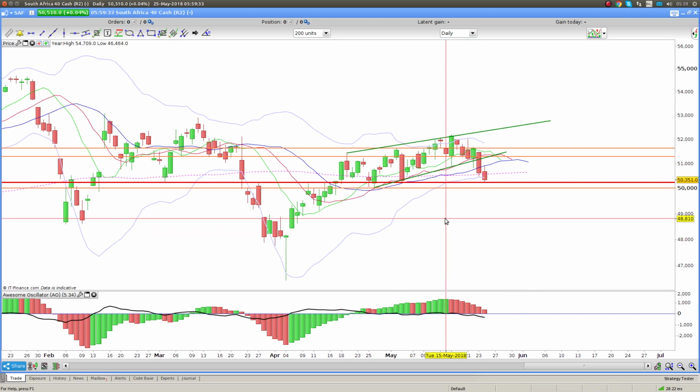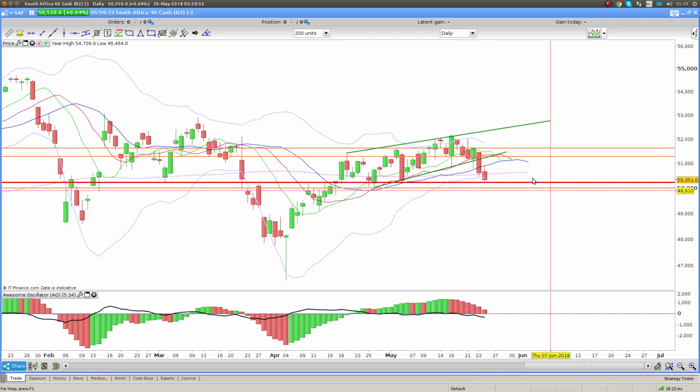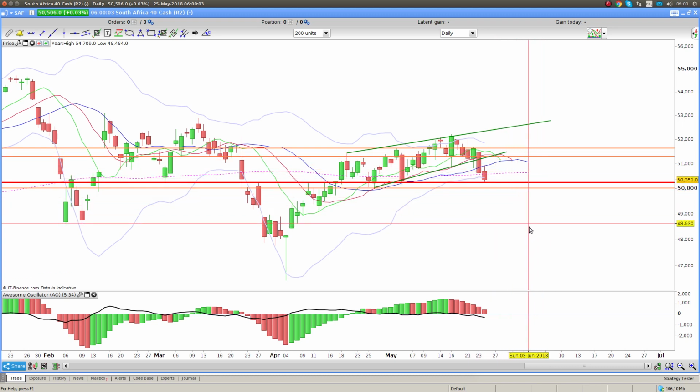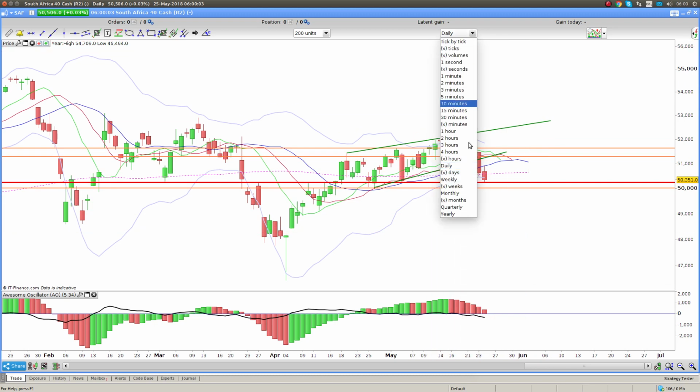Again, alligator is pointing to the downside, so it does look a little bit bearish. But remember, what we're looking for is a daily retest of this wedge break. Okay, and if that succeeds and we make another attempt at this level and break through, then I suspect we'll get downside.